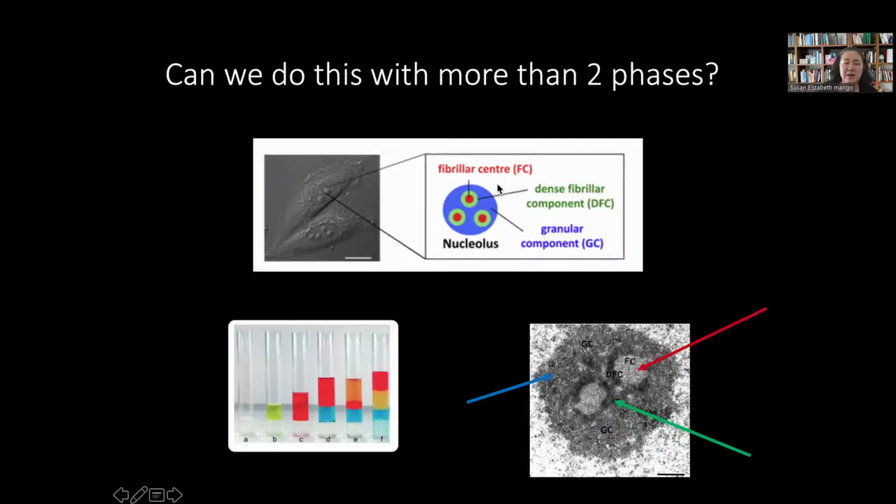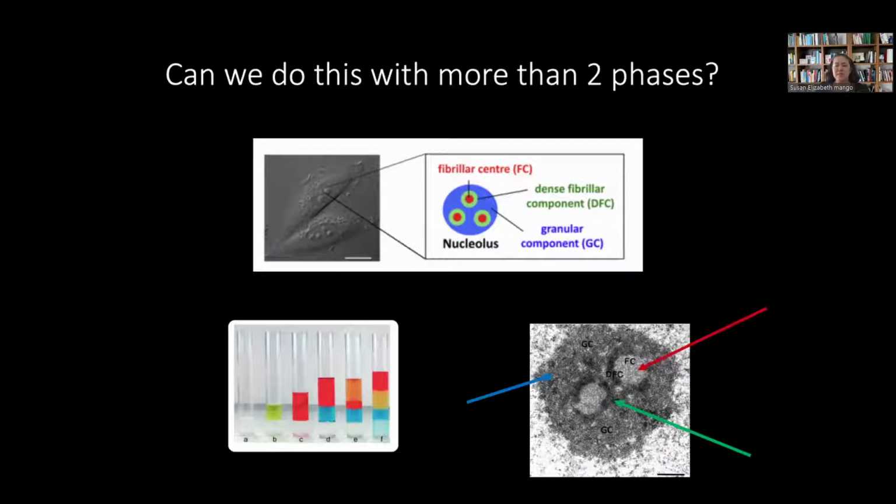This is the kind of configuration the nucleolus makes, so it separates out these different structures. Here you can see what is the blue, what is the green, and what is the red. It's the same principle: if the energy of the unmixed state is lower than the mixed, then this is what will happen, this demixing of multiple components.